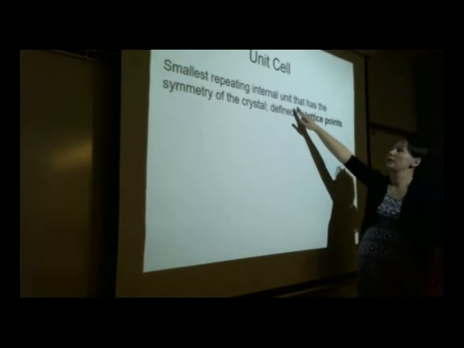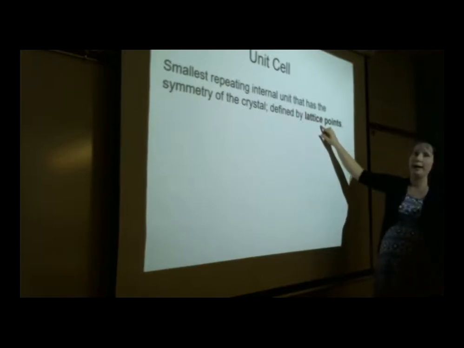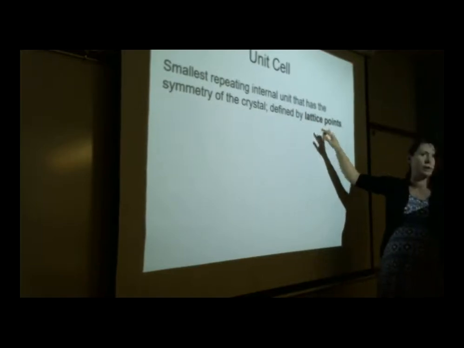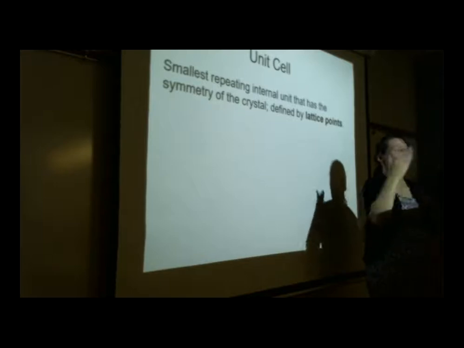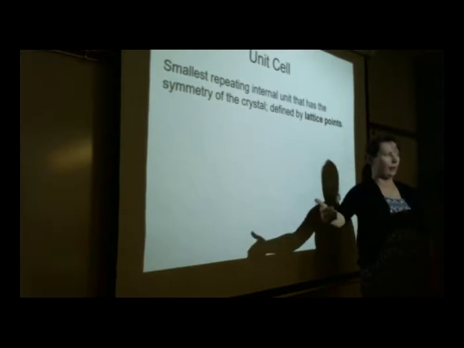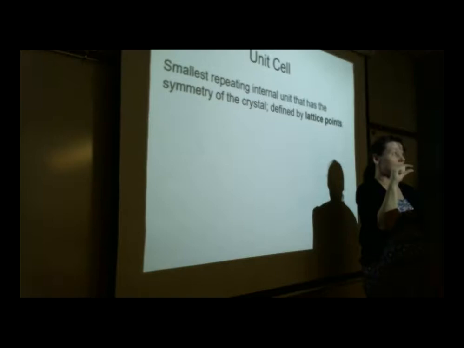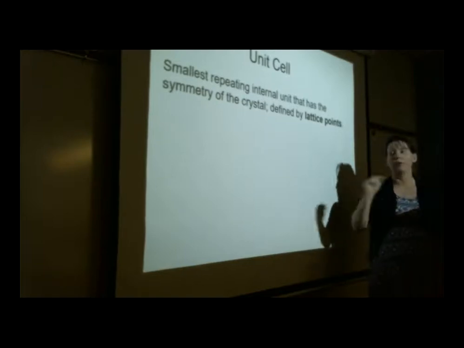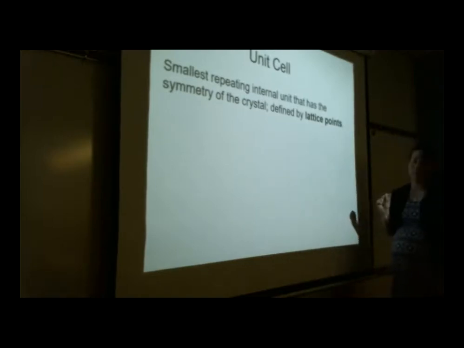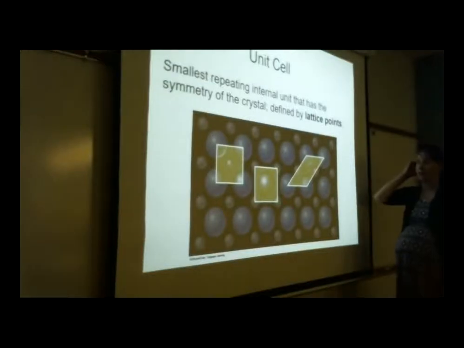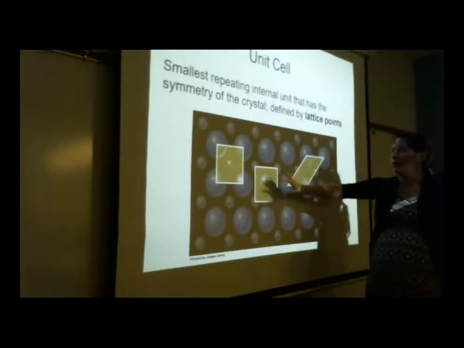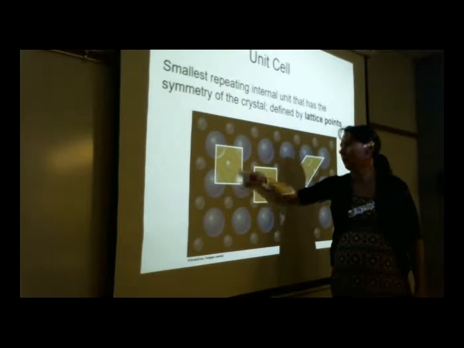And those unit cells are defined by what we call lattice points, right? Because if a crystal lattice is a regular repeating arrangement, and we break that down to the smallest unit that gets repeated over and over, that's what we call the unit cell. Okay, so for instance, we have a unit cell that looks like this. Here would be my lattice points.